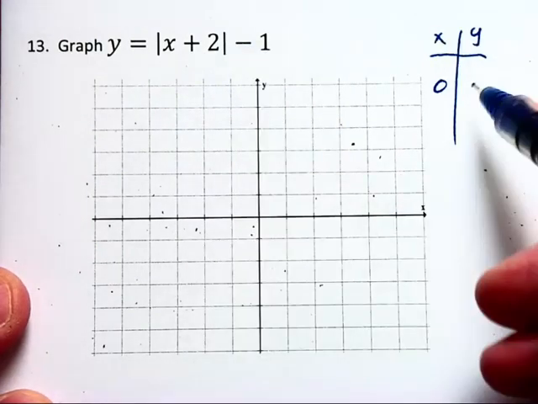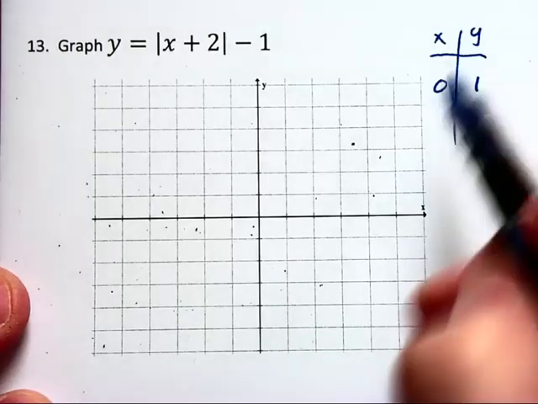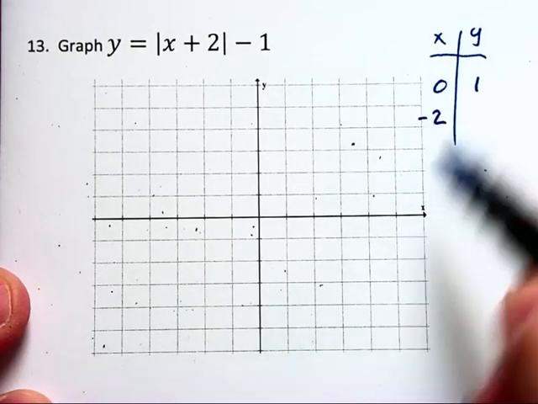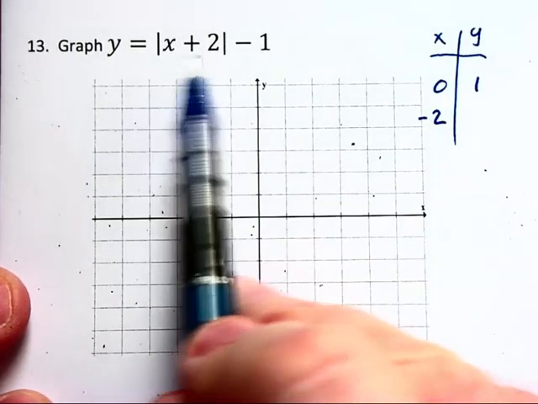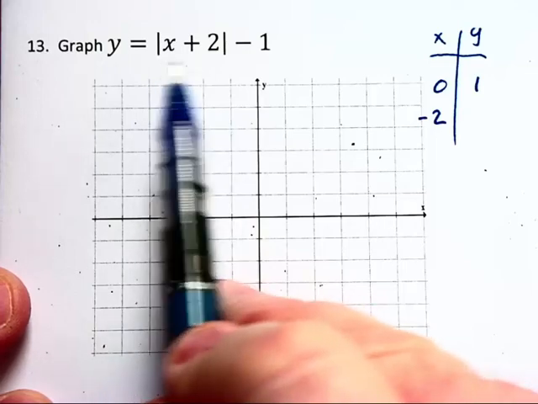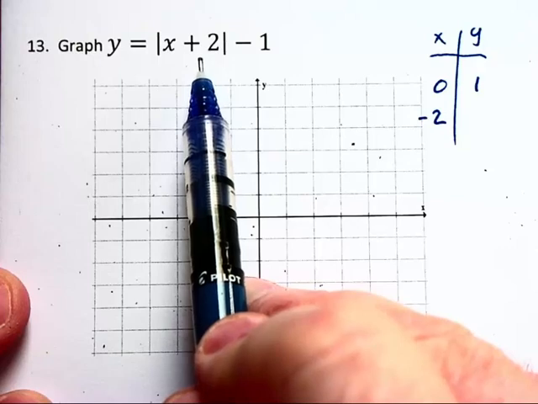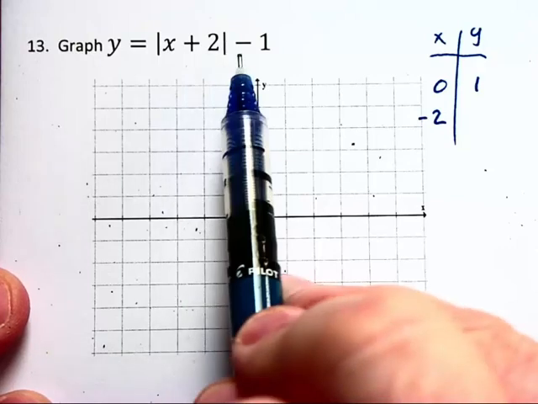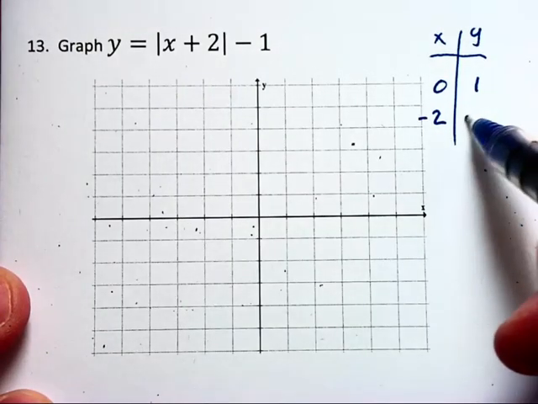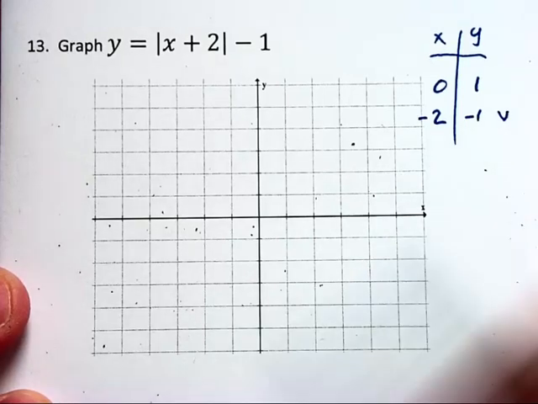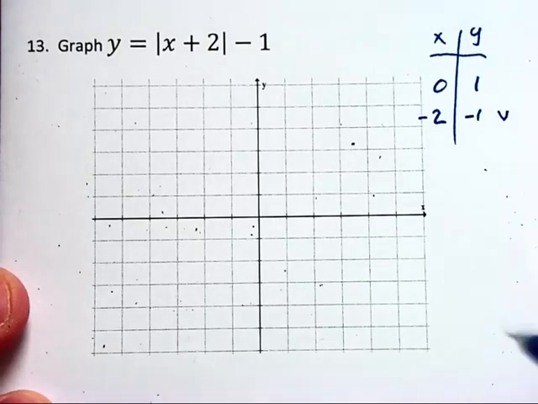Take away 1 is 1. Let's try negative 2. And now I choose negative 2 because I always want to choose the value that's going to make the insides of the absolute value 0. So negative 2 plus 2 is 0. Absolute value of 0 is still 0. Minus 1 is negative 1. That's going to turn out to be the vertex of this graph.